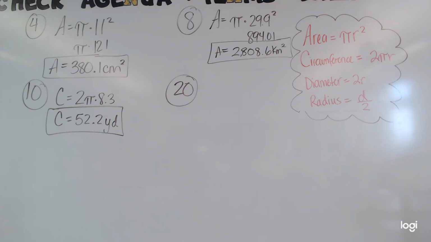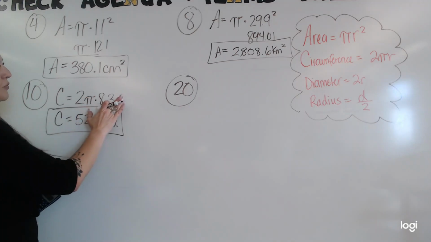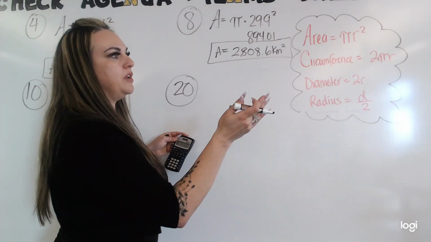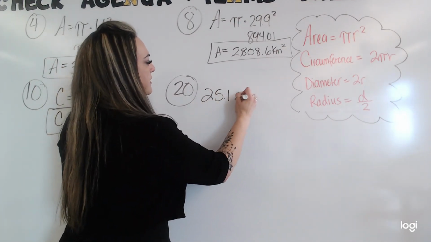Number 20, find the radius. So we're going to do it a little differently. We know the circumference, we don't know the radius. So in this case, we're going to substitute in what we know for circumference. Number 20 is 25.1.